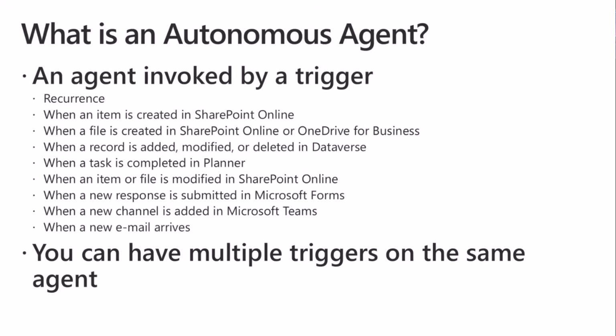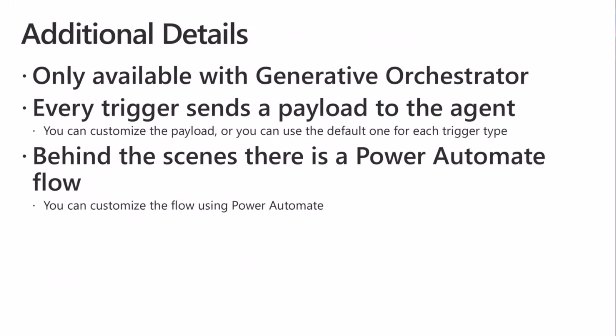You can even have multiple triggers on the same agent if you want a really smart agent reacting to multiple different event triggers. So when you work with autonomous agents, first of all you need to have the generative orchestrator enabled. Nowadays, it is enabled by default, but just in case, always double check that it is enabled in your agent.